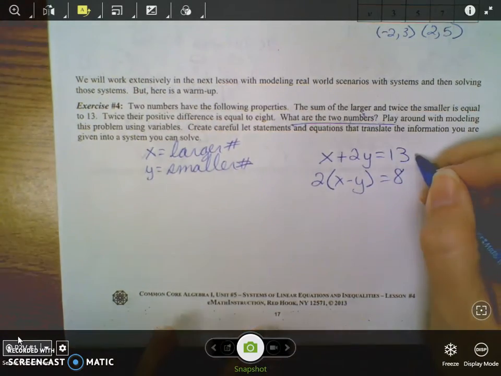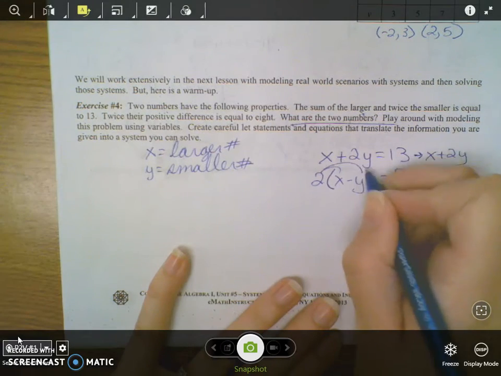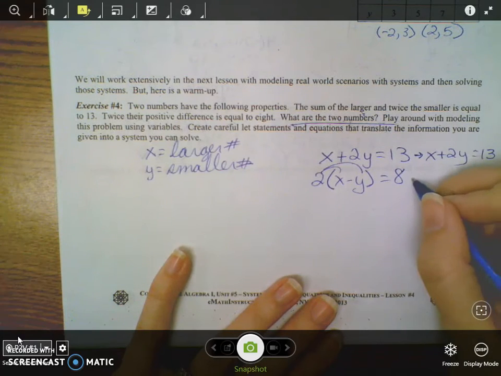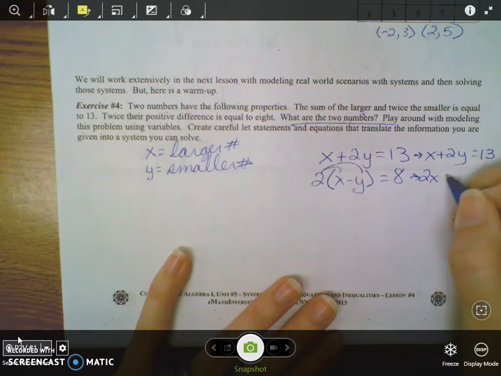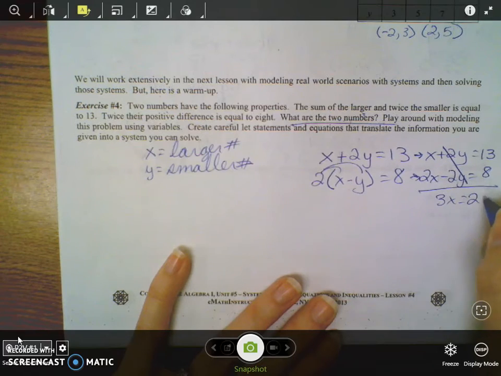And then this one is nicely set up for elimination, because if I distribute that 2 to that already negative y, then I have 2y and negative 2y, which gives me opposites. So these guys eliminate, and I have 3x equals 21.